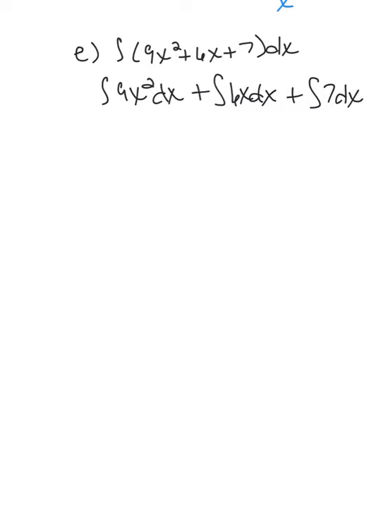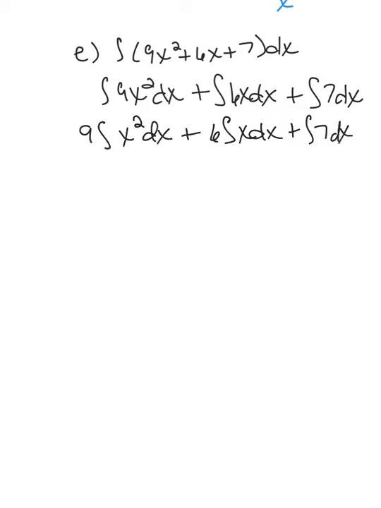And then we have another integration rule that says if you have a coefficient, you can pull it out front of the integration symbol. Now, this last term is the integral of a constant, so you're not going to pull that out front.